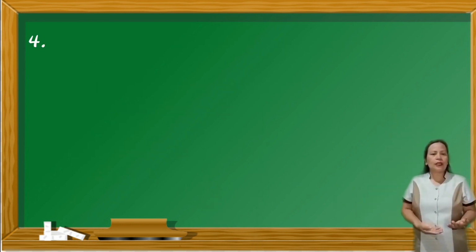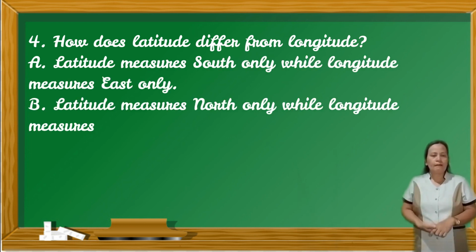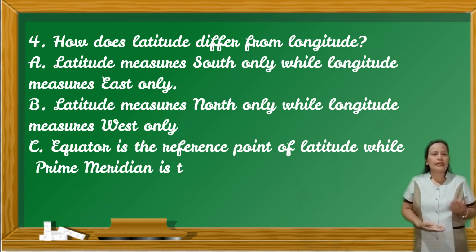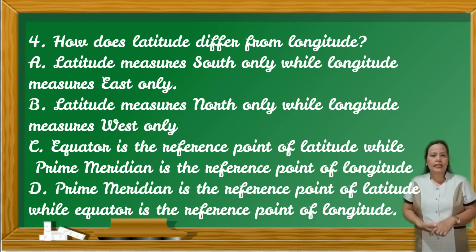Number 4. How does latitude differ from longitude? A. Latitude measures south only, while longitude measures east only. B. Latitude measures north only, while longitude measures west only. C. Equator is the reference point of latitude, while prime meridian is the reference point of longitude.